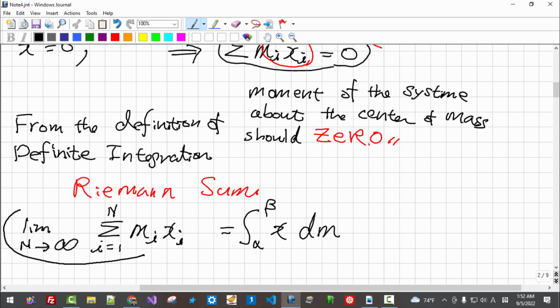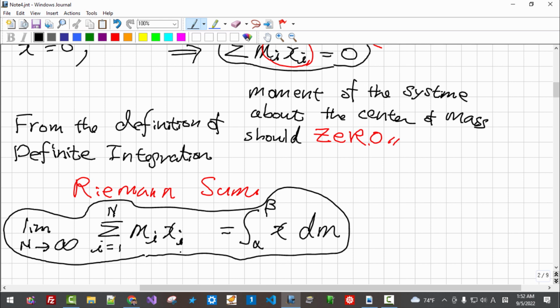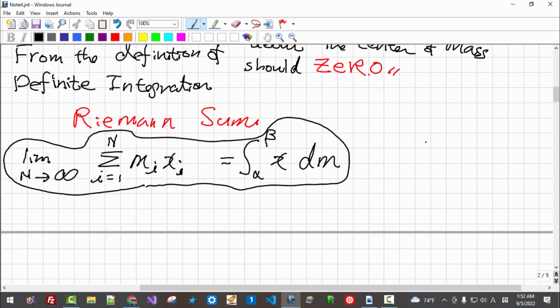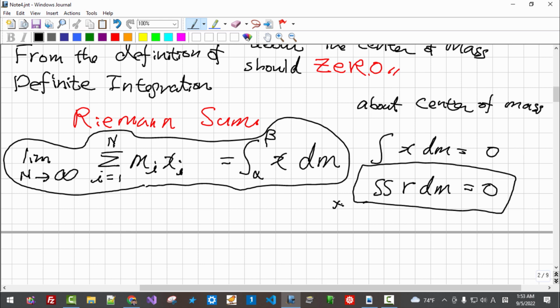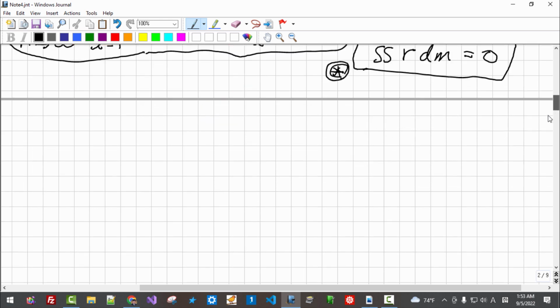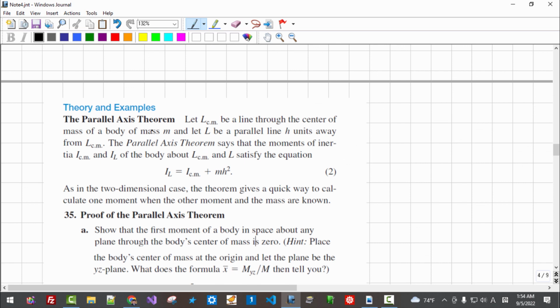This is the definition of the definite integral. So we can say about the center of mass, the integral of x dm is 0. In 2D or 3D, we can say the integral of r dm equals 0. We need this concept to prove the parallel axis theorem.